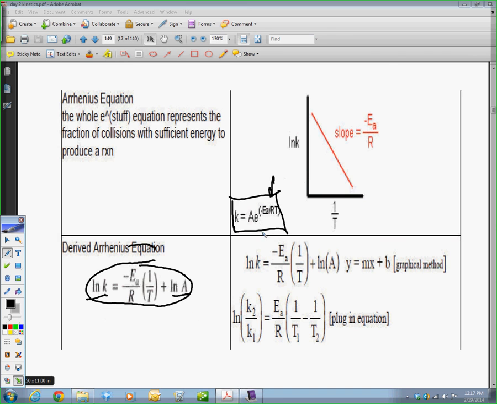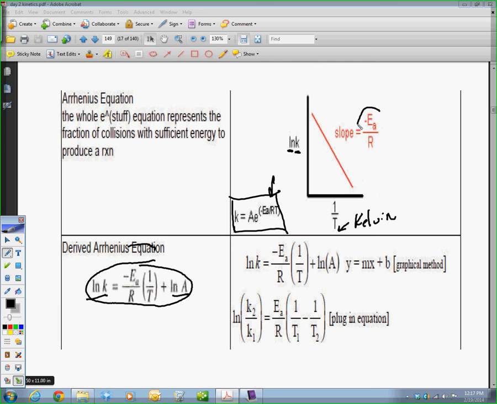And what this is saying is if you plotted the natural log of your rate constant at 1 over the different temperatures, so this is the temperature in Kelvin, you would get a plot that'd give you a straight line.